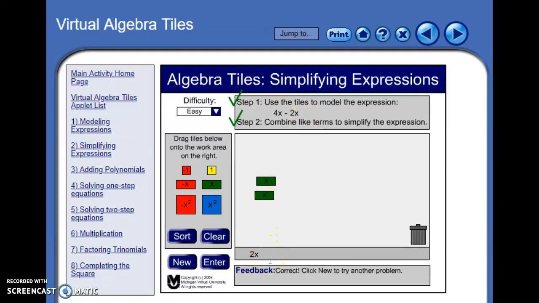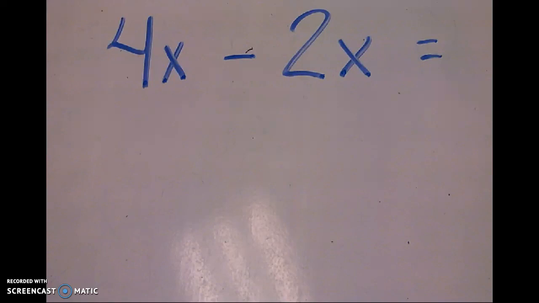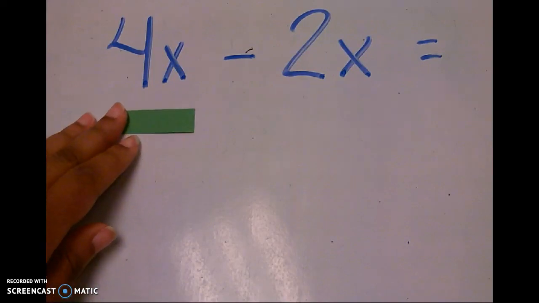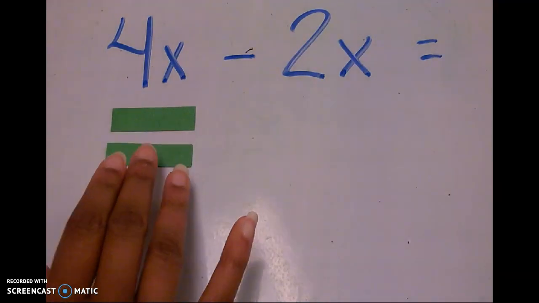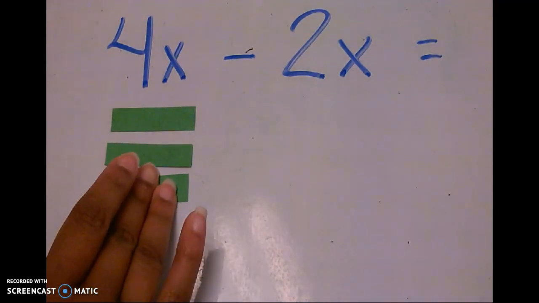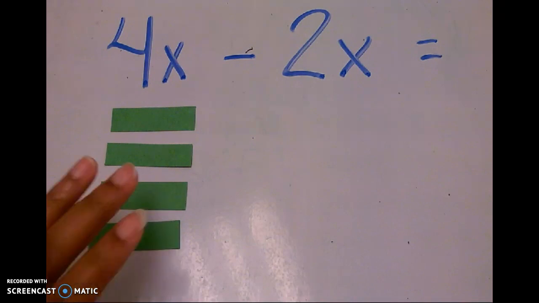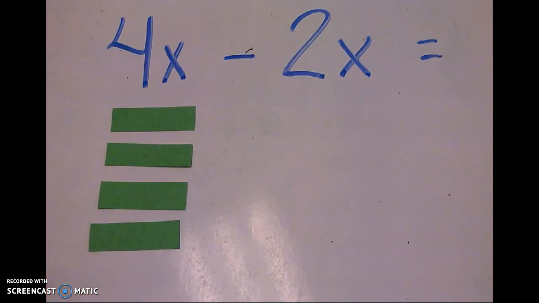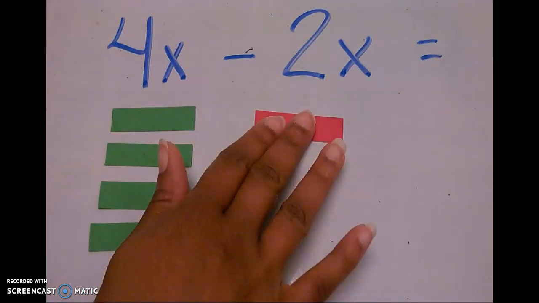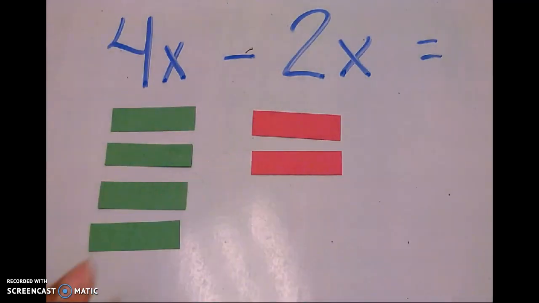Okay, now we're going to pause, and we're going to see what this looks like with the algebra tiles. So same problem, we have 4x minus 2x. I'm going to start by putting down my positive x tiles, which are green rectangles. I'm going to do 4 of those, and it says minus 2x, so I'm going to put down 2 negative x's. Okay.